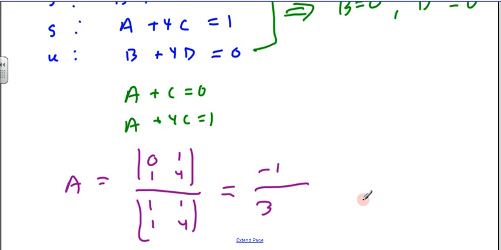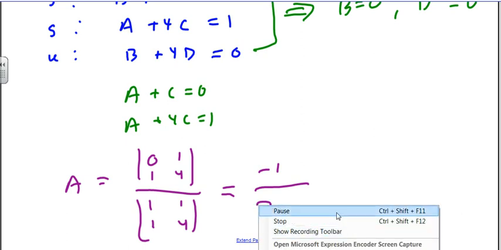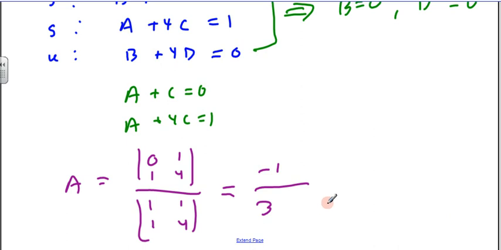Okay, and if a is minus a third, then what does c have to be? c has to be a third. And then I put it back in here, and I got 4 thirds minus a third is 1. Check, check, everything's fine.